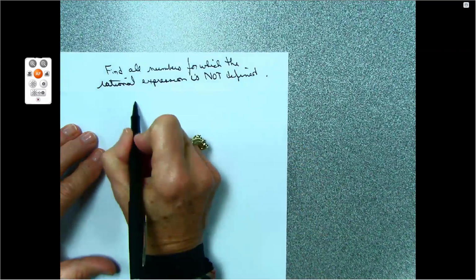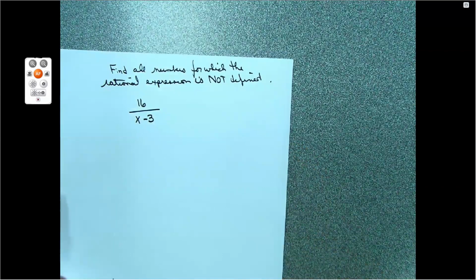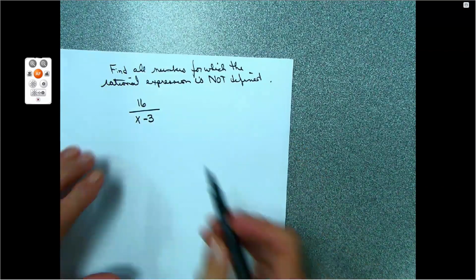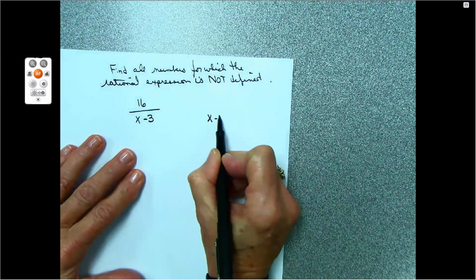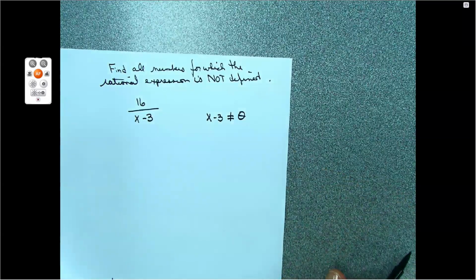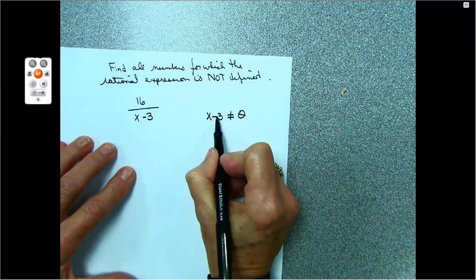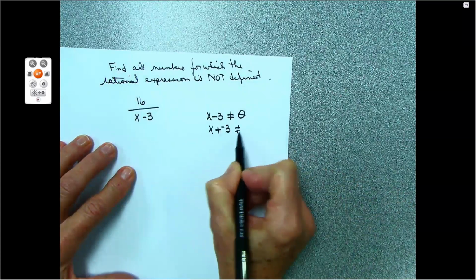All right, I have 16 over x minus 3. So I have a rational expression, but I need to protect the denominator. So the denominator, x minus 3, cannot be equal to 0. Exchange subtraction to addition, add the opposite.